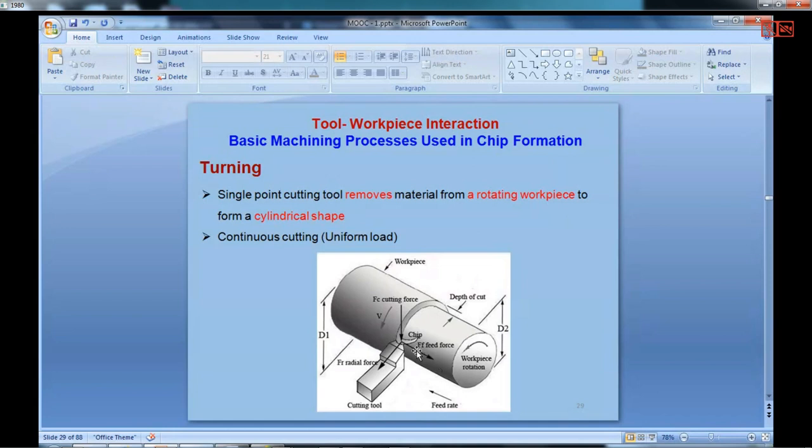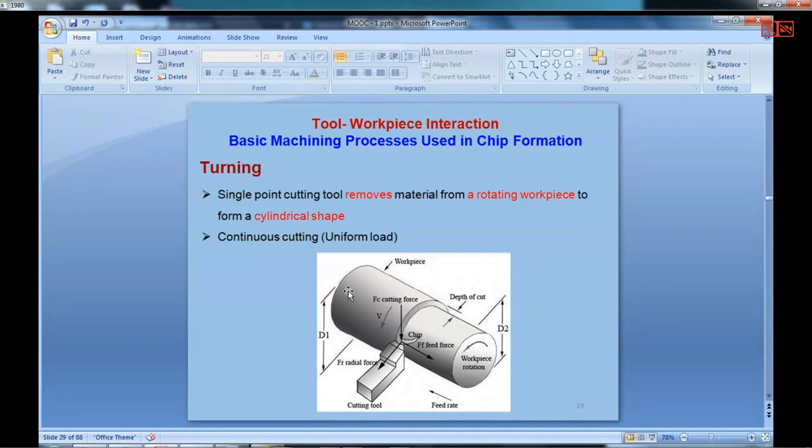Then we have the depth of cut, which is the amount of depth to which the tool should remove the material. And then we have the feed: at what rate the tool should move parallel to the axis of the workpiece. But if it is given with reference to time, it will be called the feed rate. We'll come to the details of that.